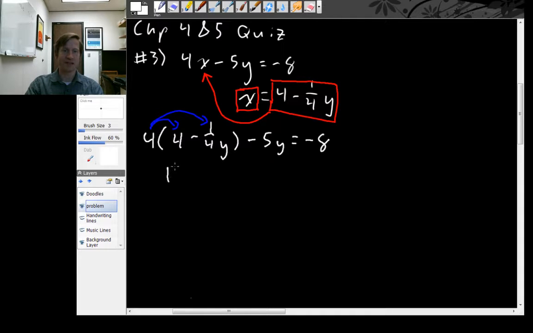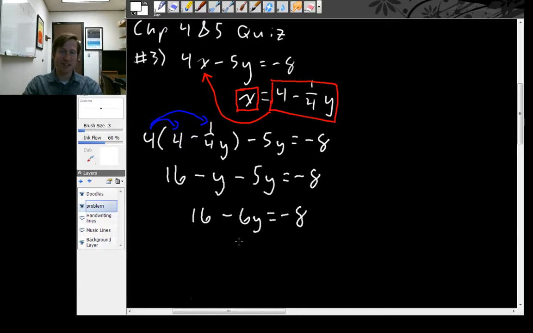So that gives us 16 minus, 4 times 1 over 4 is 1, so 16 minus y minus 5y equals negative 8. Now we can simplify the left-hand side by combining like terms. We get 16 minus 6y equals negative 8.